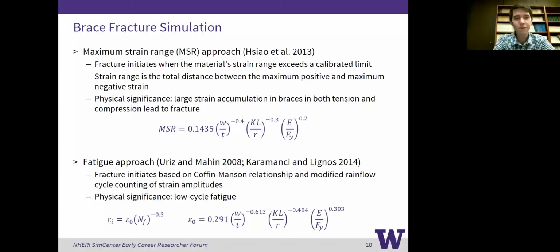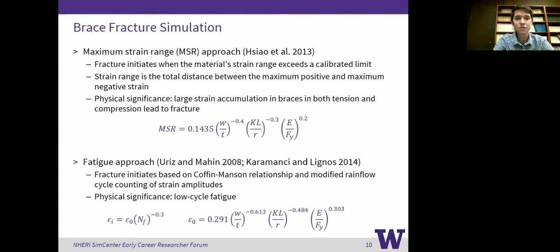And so between those three different researchers that I mentioned, there's really two different approaches that have been used to simulate brace fracture. And I'll talk more today about the maximum strain range approach because this was developed at the University of Washington and we're generally more familiar with it here.